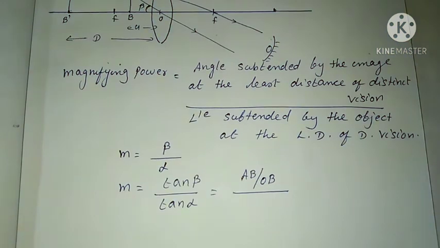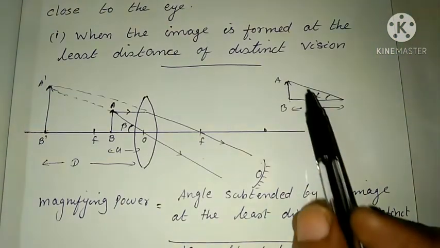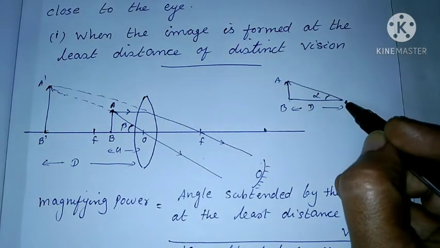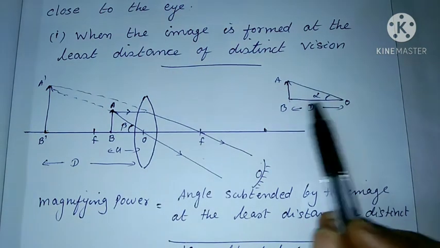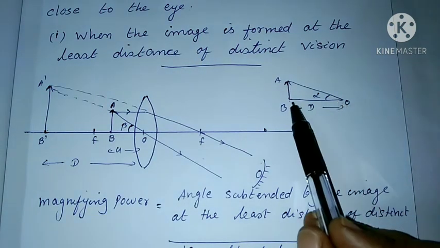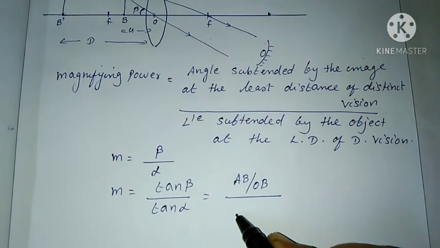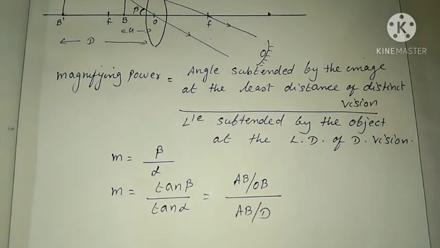Then what is tan alpha from the figure? That is AB divided by, so this is the optic center, AB divided by the least distance of distinct vision. We can write D. So AB divided by D. Clear? AB divided by D.